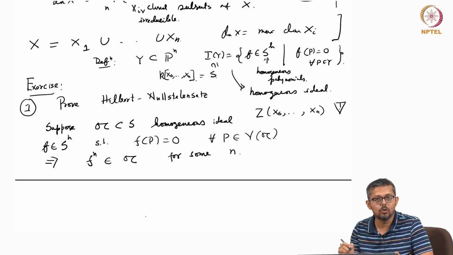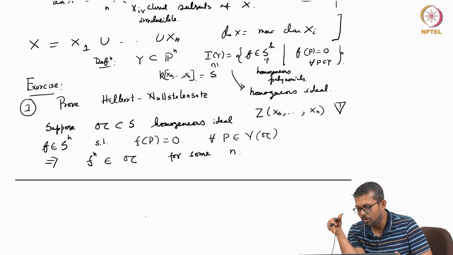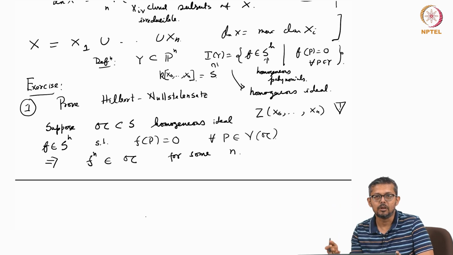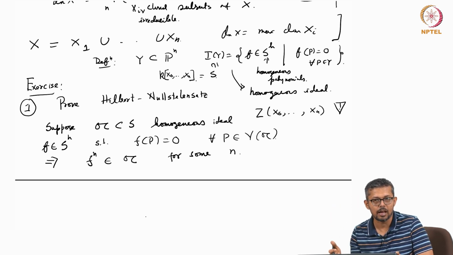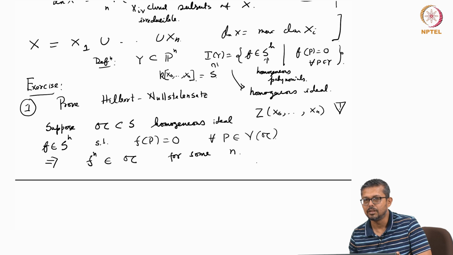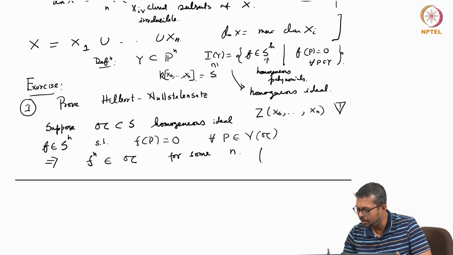The proof is, go to n plus 1, go to the affine case and try to do it. Use the Hilbert Nullstellensatz for affine. The affine case we can take for granted. Yes, use that, use the affine Nullstellensatz.